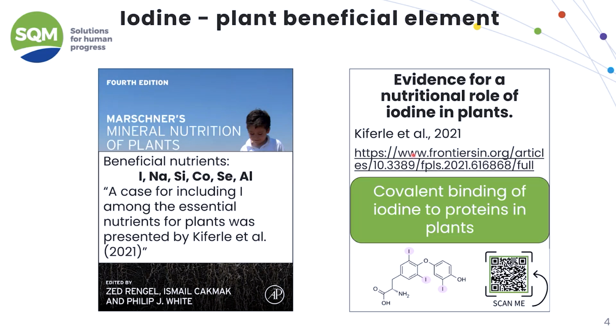And the basis of that was this paper from Italy, from the group of Professor Pacifici and Claudia Kiferle, who found that iodine actually binds covalently to proteins in plants. And together with some other evidence, this is the base of calling iodine nowadays a beneficial plant nutrient. I will show some of this fundamental work.